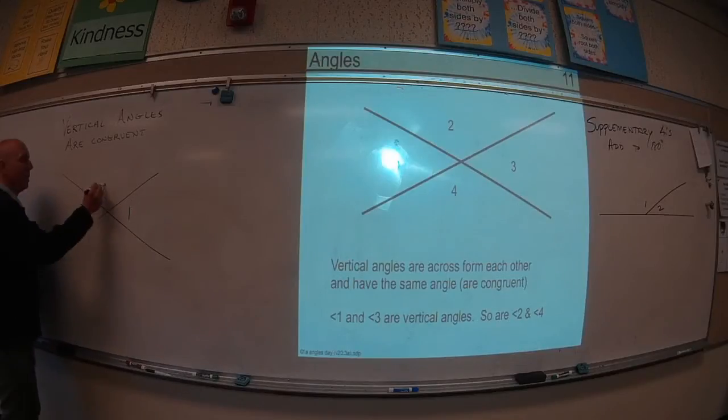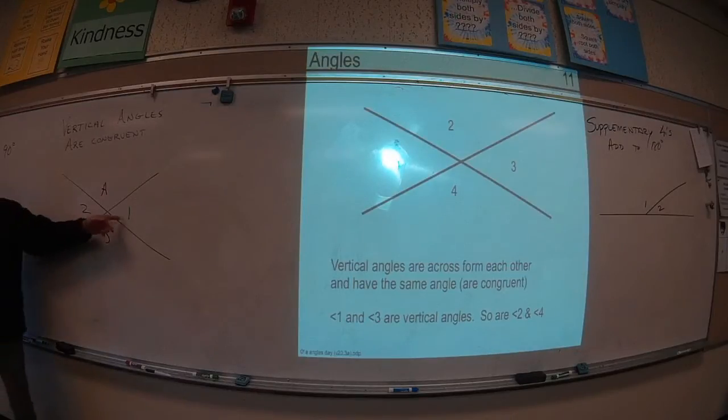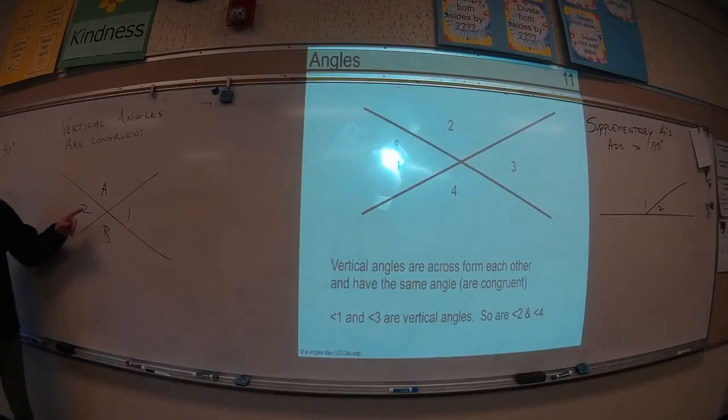And then what's this? A and B? What are they? They're obtuse, but they're vertical angles also. So 1 and 2 are verticals, A and B are vertical. 1 and A are not vertical. What are they? They're adjacent and they're supplements.